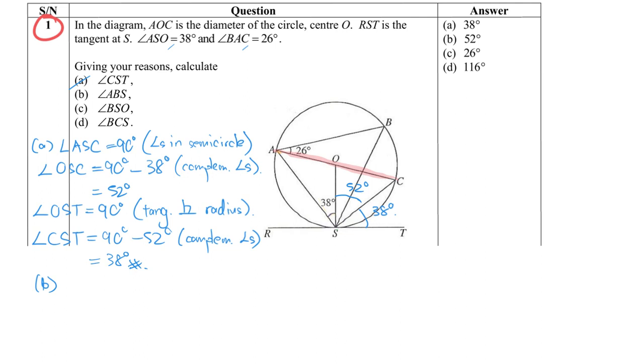Okay, next, ABS. So again, use your finger. ABS, they go to the arc AS. So where else does this arc go to? A few places actually. It goes to point C, and it also goes to the center of the circle.